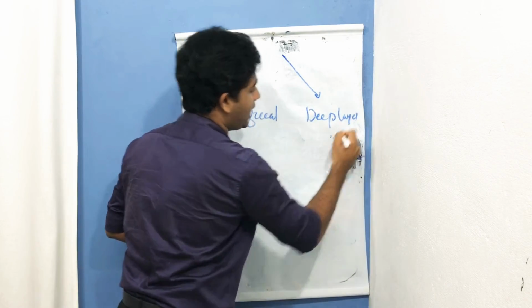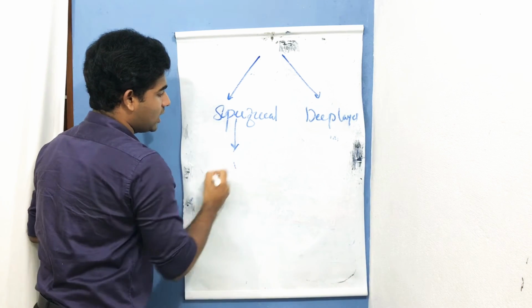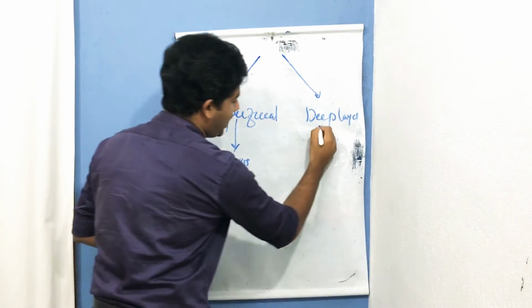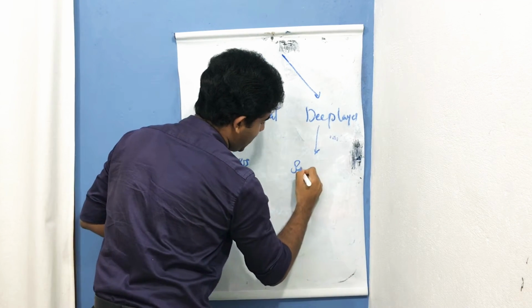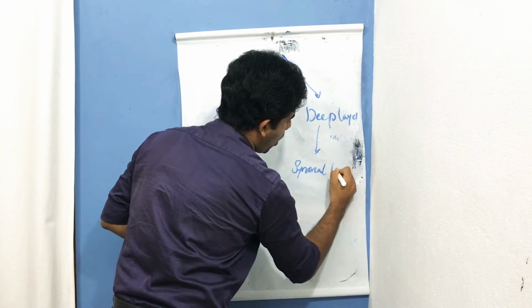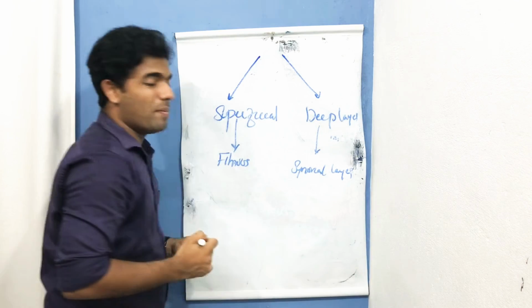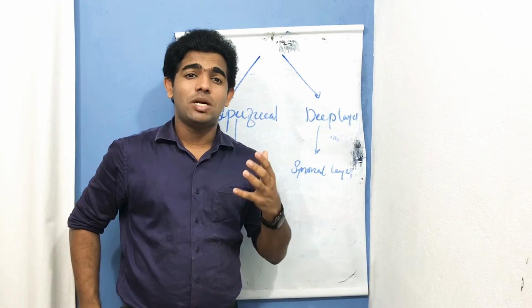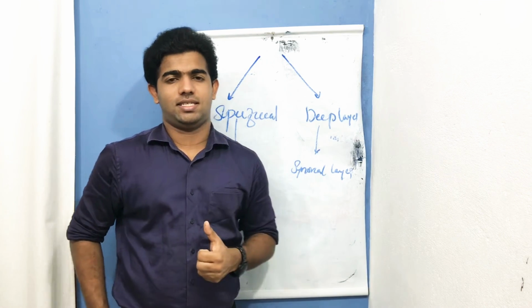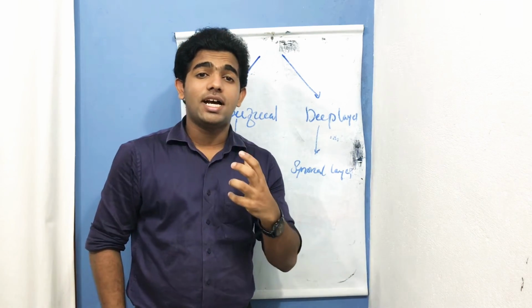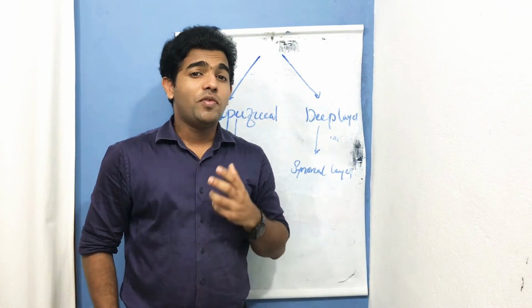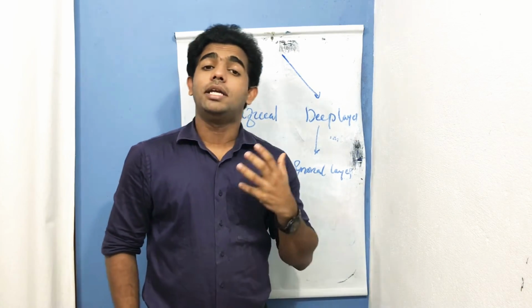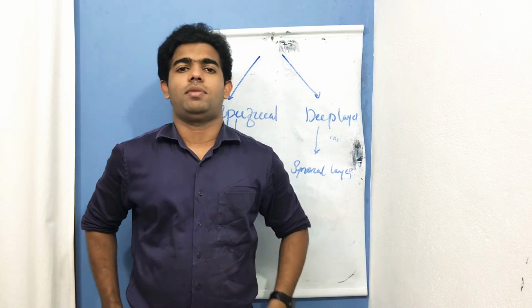The superficial layer is also known as the fibrous layer, and the deep layer is also known as the synovial layer or synovial membrane.